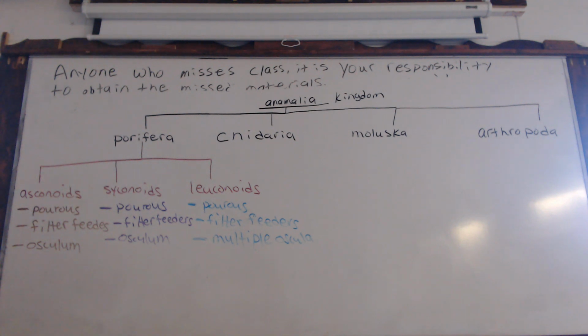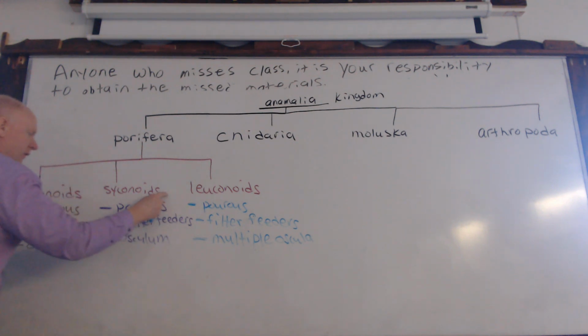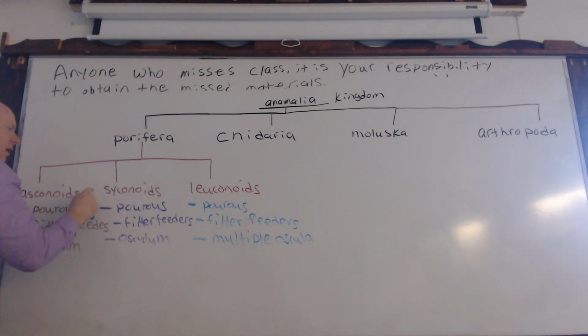So this is what sets them apart from these two types of sponges. So there must be a characteristic that sets these two apart from that one, which there is. And yes, it has to deal with the shape.